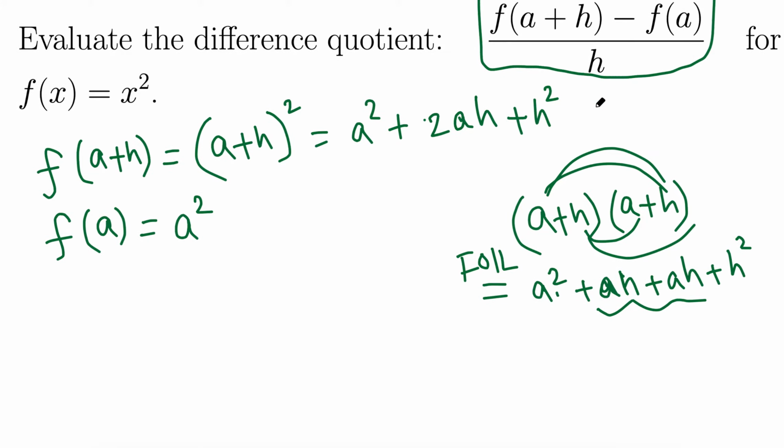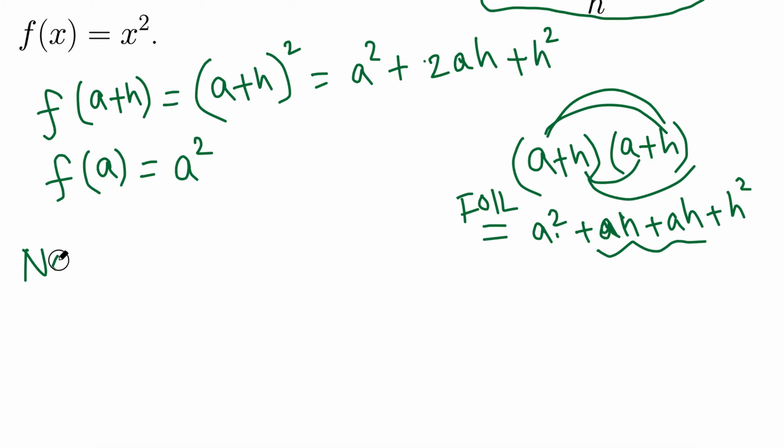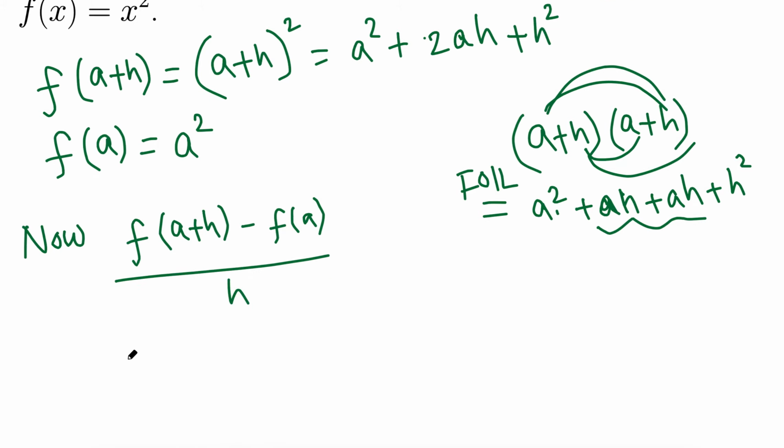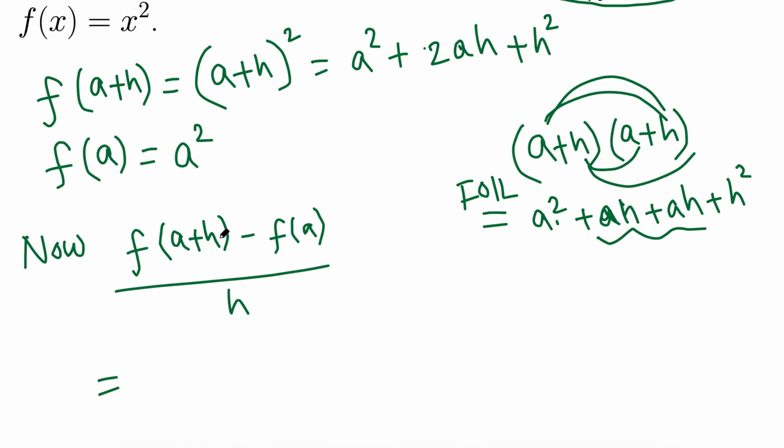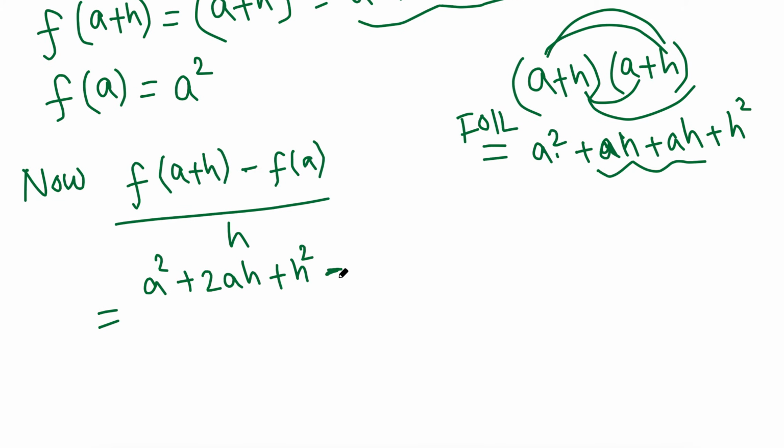Now let's find this difference quotient. f of a plus h minus f of a over h is, okay, this is here a squared plus 2ah plus h squared minus, when there is a negative sign involved, we need to put parentheses around if there are more than one terms.